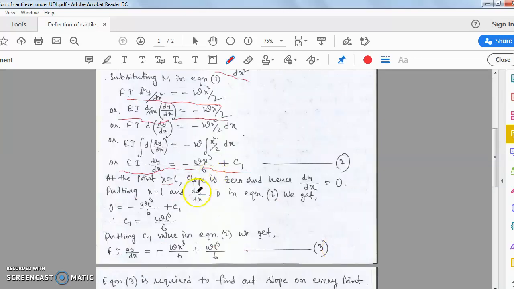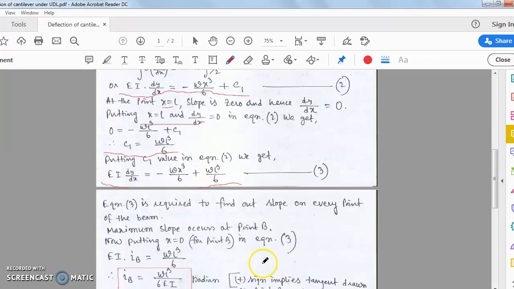Putting these values in equation 2, we get C1. Putting the C1 value back in equation 2, we get EI dy/dx equal to minus Wx cube by 6 plus WL cube by 6.